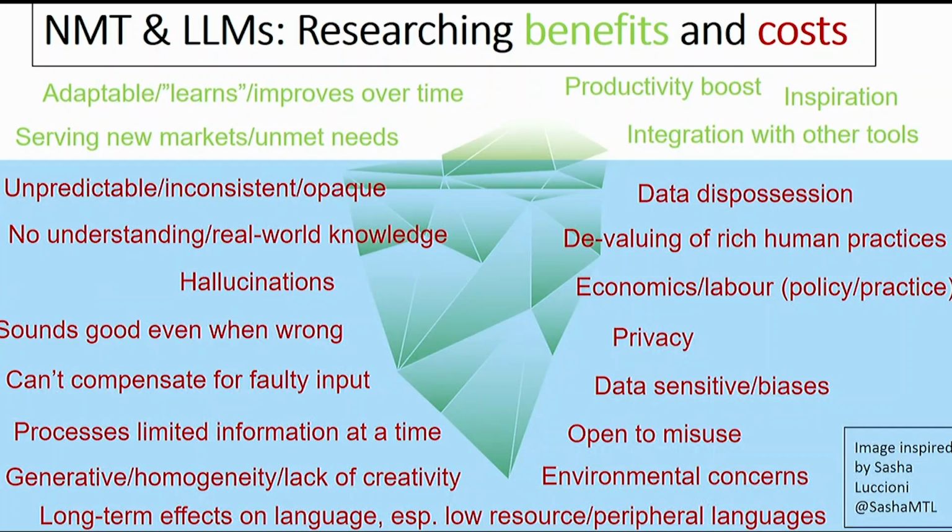On the right-hand side are a lot of these ethical issues that we kind of mentioned, but we don't know enough about. So again, a very rich area for exploration is the whole area of where different types of ethics intersect with data and with technology. So we talked a little bit about the challenge of data dispossession.